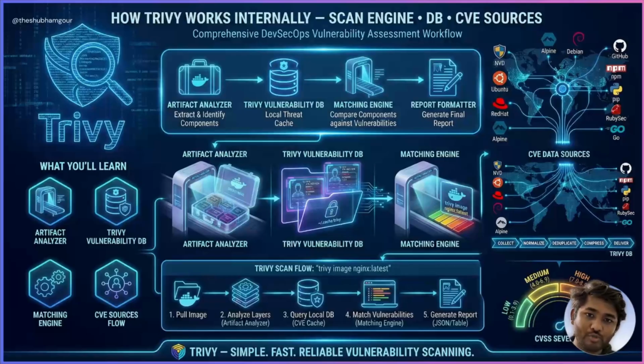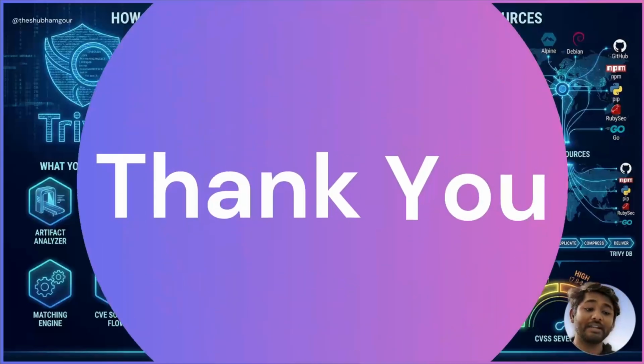Based on those matching patterns, it gives the CVSS score. On what basis is the CVSS score given? Basically, based on the criticality of the bug and the nature of the bug. Once everything is done, it passes everything to the report formatter and generates a beautiful report for us. So that is how Trivy is a simple, fast, reliable vulnerability scanning tool.